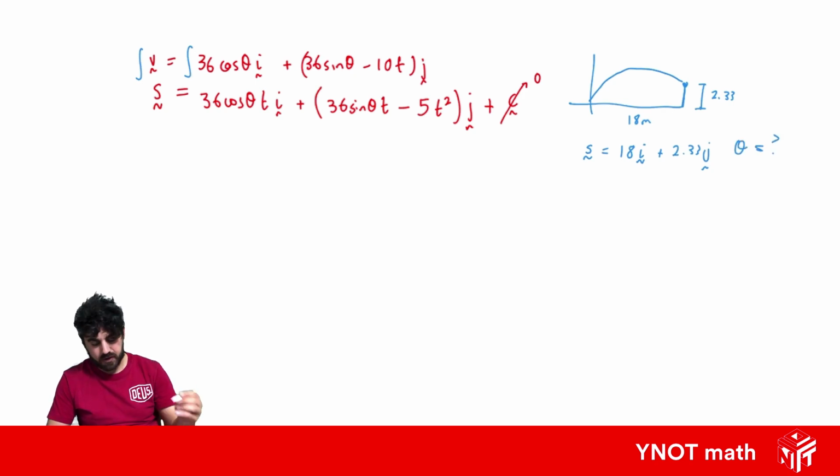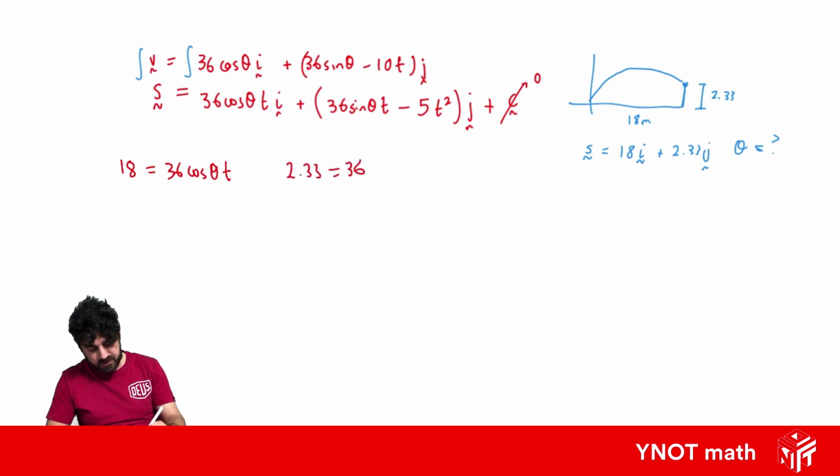So we can go ahead and sub in our displacement vector for our displacement and then equate the coefficients. So we can say that 18 must equal 36 cos theta t, and 2.33 has to equal 36 sine theta t minus 5t squared. So all I've done there is equated the i's with the i's and the j's with the j's.